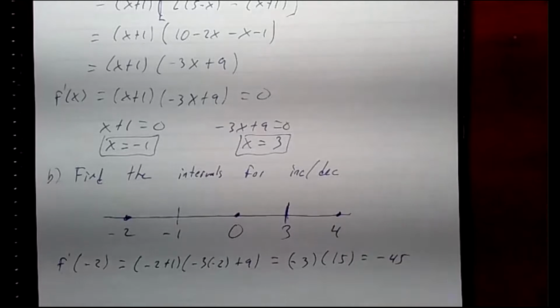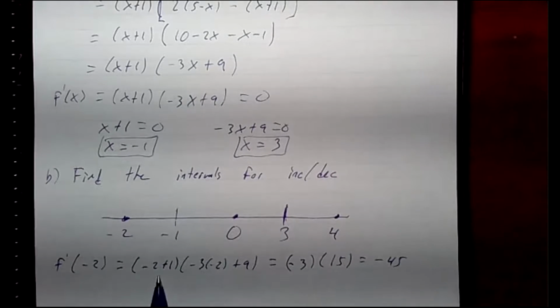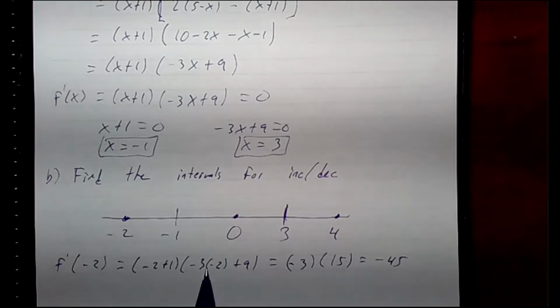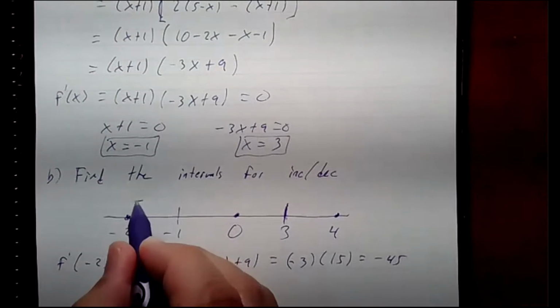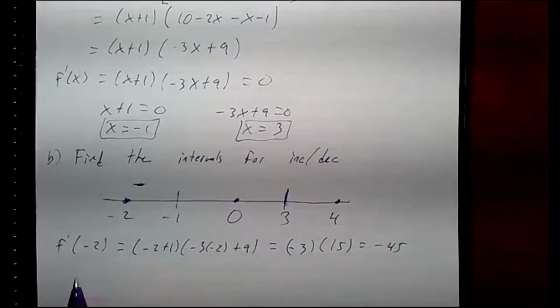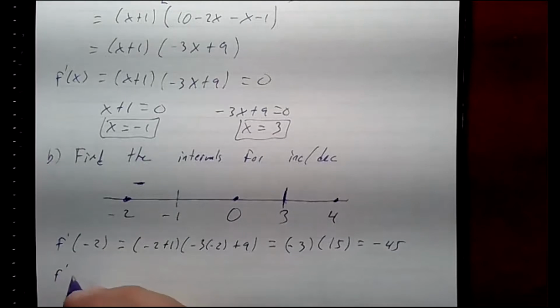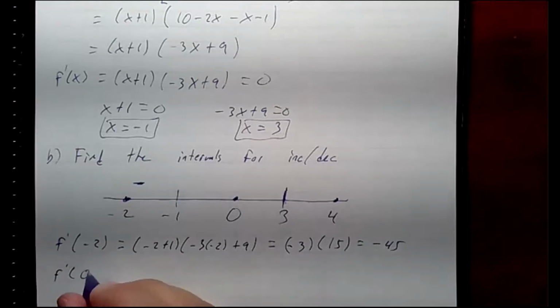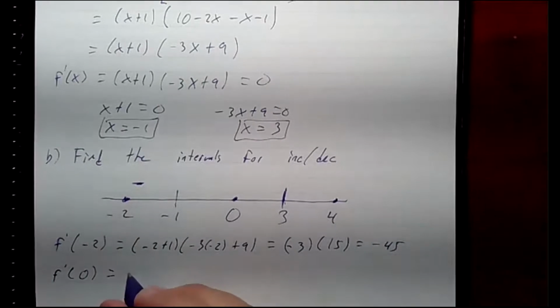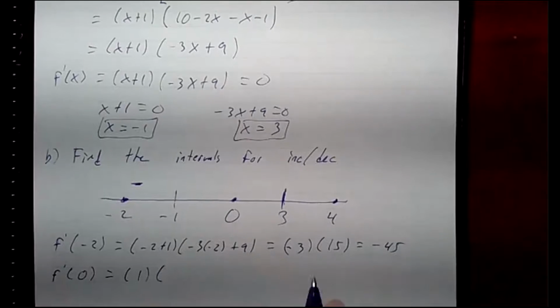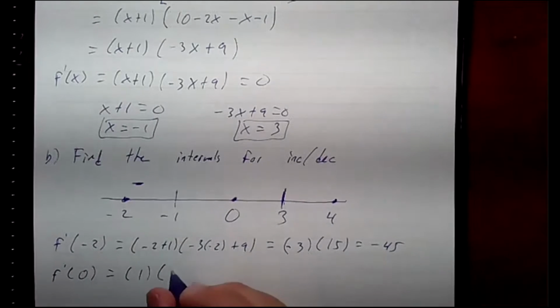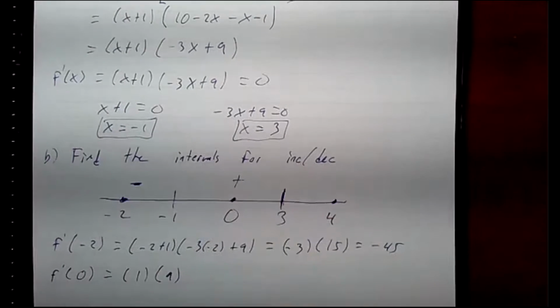What matters is, is it going to be negative or not? This is negative, this is positive, so negative. Derivative at 0. That'll give me 1 times 9, positive.